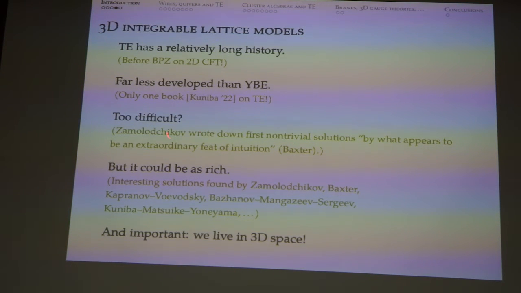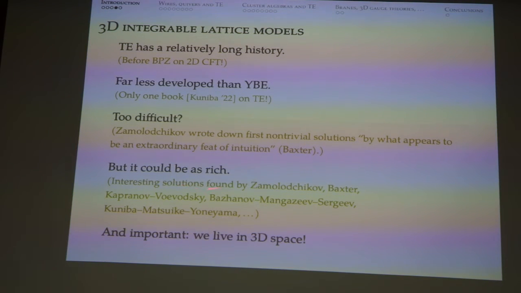And so Zamolodchikov, in his original paper, wrote down the first non-trivial solutions of the tetrahedron equation, and according to Baxter, by what appears to be an extraordinary feat of intuition. So it was really amazing that the tetrahedron equation has solutions and they could be written down. Okay, but I would also like to say that the tetrahedron equation could be as rich as the Yang-Baxter equation, if not richer.